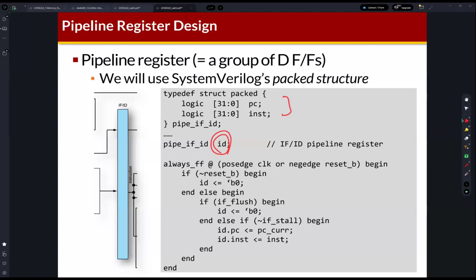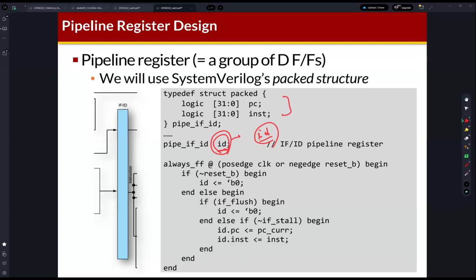You can find that the variable name of this register is ID. Why?